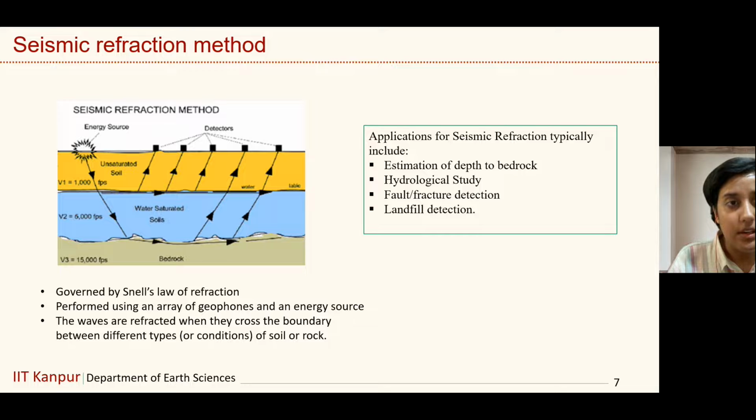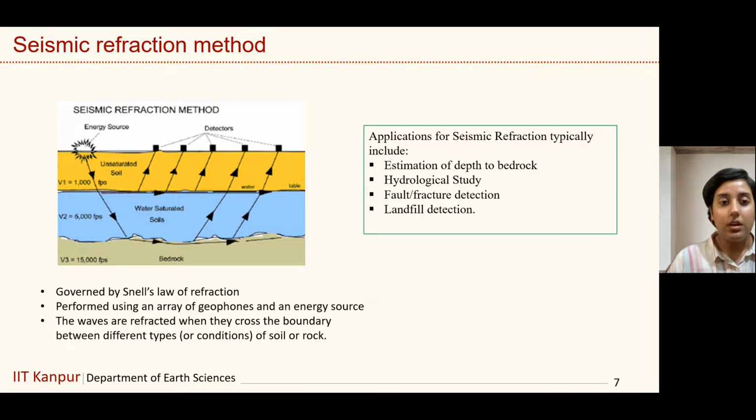So here it's pretty much evident. By measuring the travel time and the velocity estimation, we can clearly map the depth from which the refraction we are getting. Again, this is based on Snell's law of refraction, and the major limitation of this method is that it assumes the velocity is increasing with respect to depth, but in a real scenario this is not always possible.